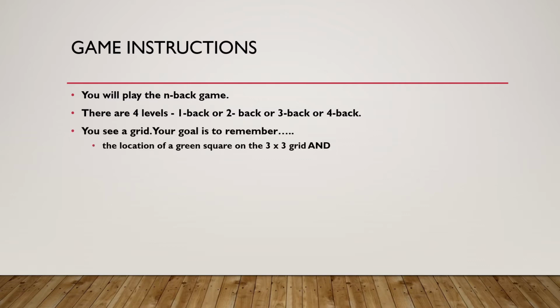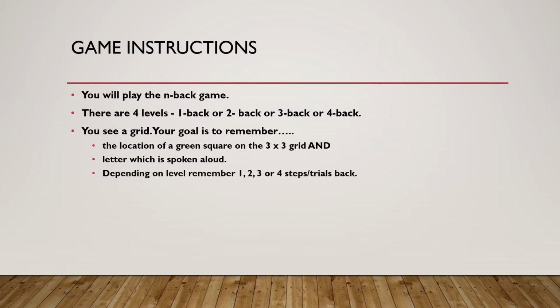You will see a grid, and your goal is to remember the location of a green square that will appear on the grid. I will also have some visual instructions on the next slide. You will also need to remember the letter which is spoken aloud, and that is why you would need sound or headphones for this game.